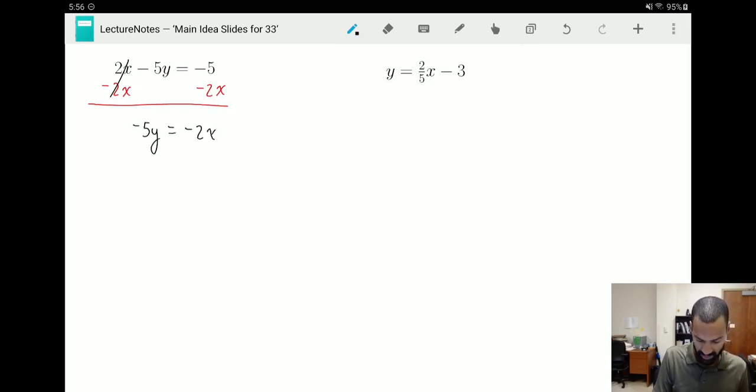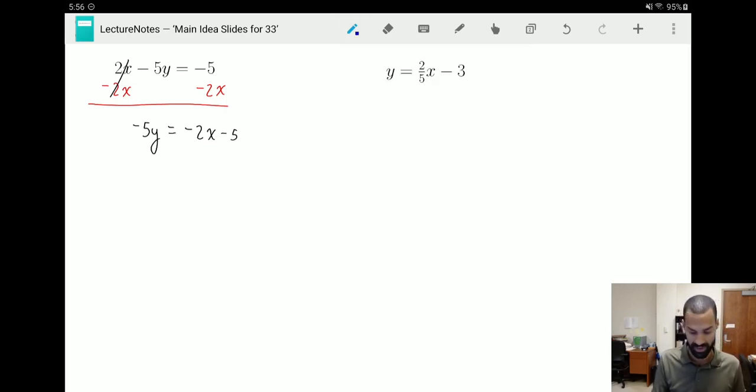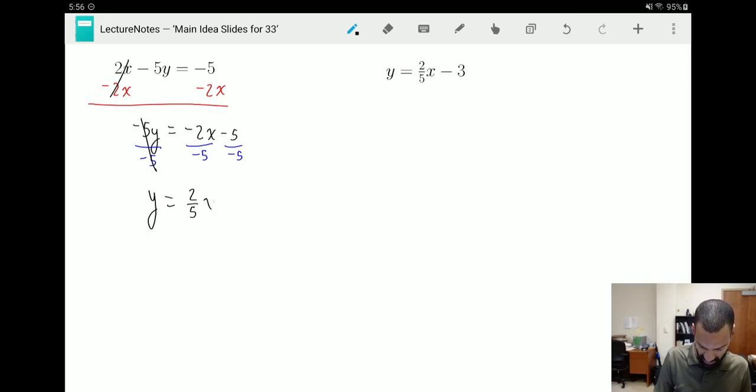Negative 2x minus 5. Then I'm going to divide everything by negative 5. Okay, so that's going to give me y equals negative over negative is positive, 2 fifths x, negative over negative is positive, so positive 1 plus 1.